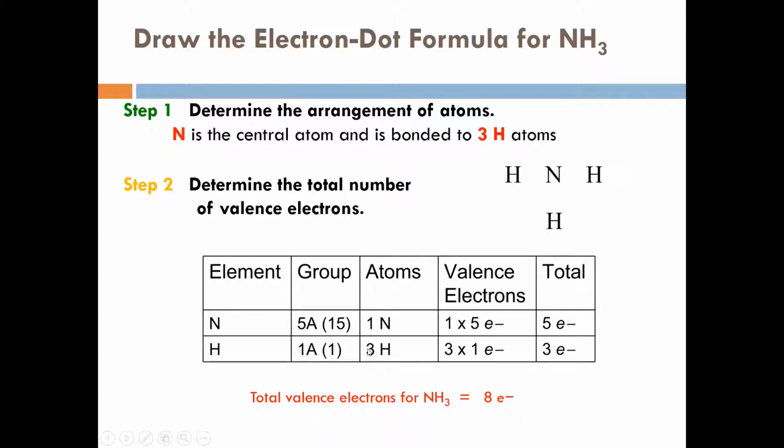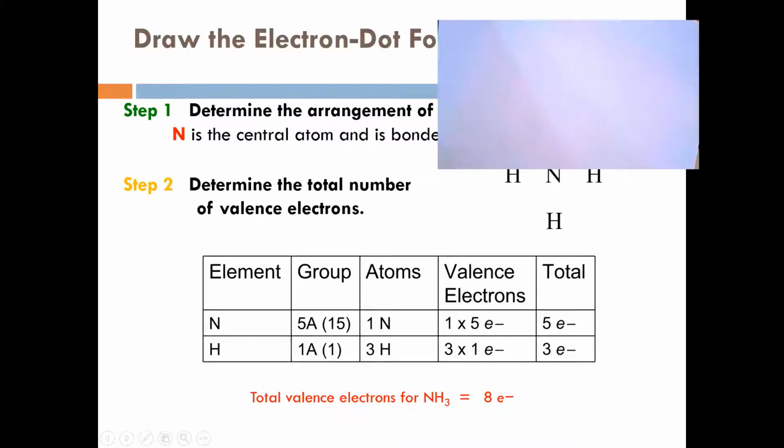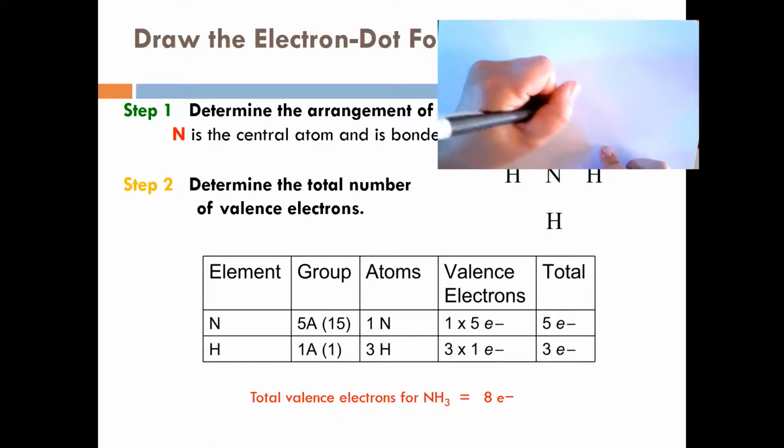So 3 hydrogens, and they're all in group 1, so they all have 1 valence electron, means we have 3. So we have a total of 8 electrons to work with. And I'm just going to try to make this slightly bigger if I can. So we want to know which is the central atom.